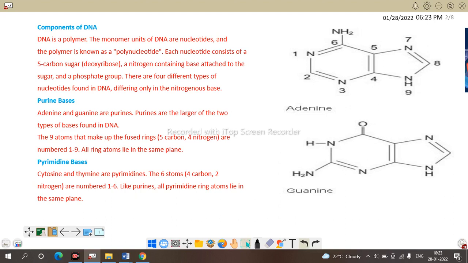Here are the purine bases. These are the larger molecules. The 9 atoms fuse to form a ring, of which 5 are carbon and 4 are nitrogen. Look at here, there are 4 nitrogen and 5 carbon.